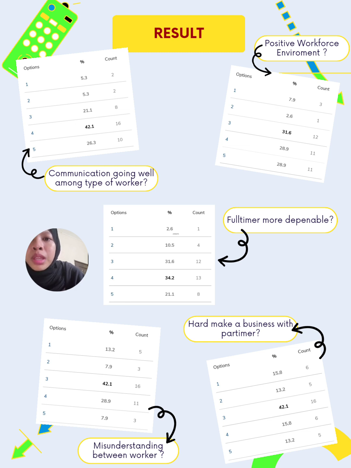So from here, they think that the environment of the workplace is highly positive among the various types of worker. And also we can see the lowest is the scale of 2, with only one respondent, which is 2.6%. So here we can sum up that most respondents were in a good workforce environment among workers.